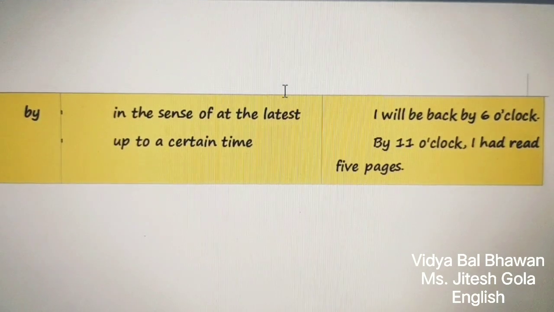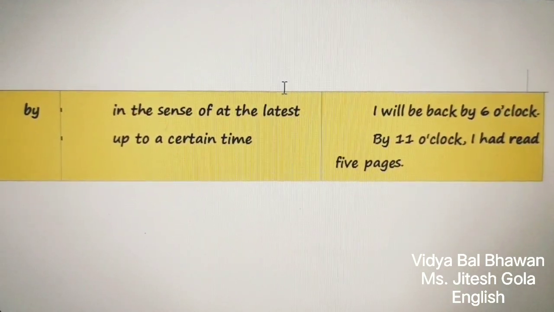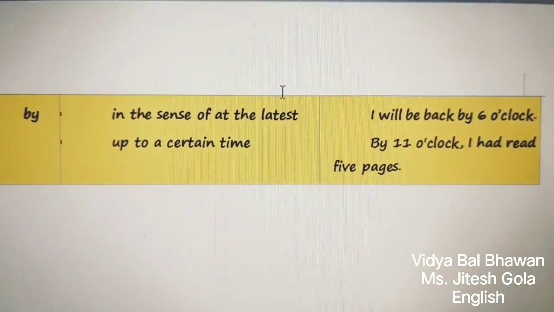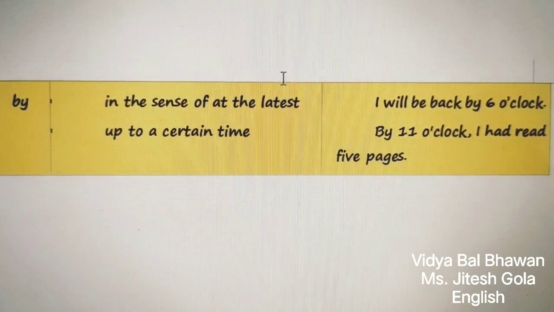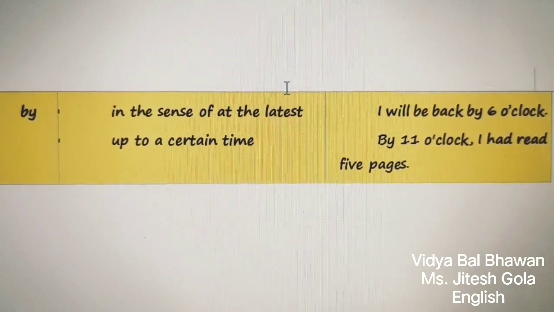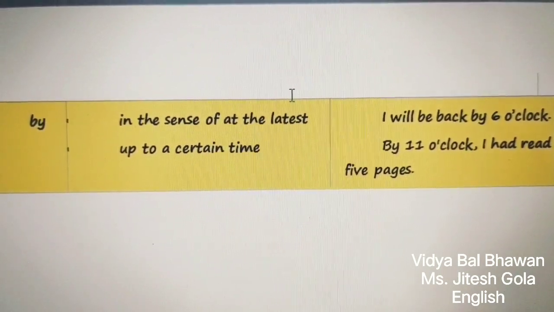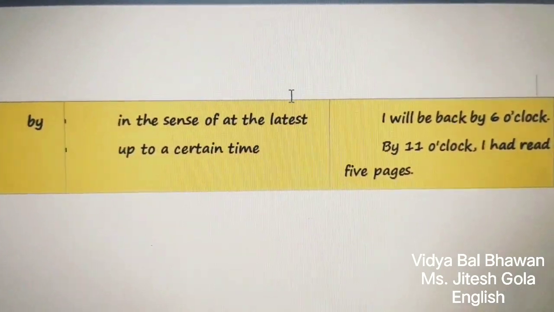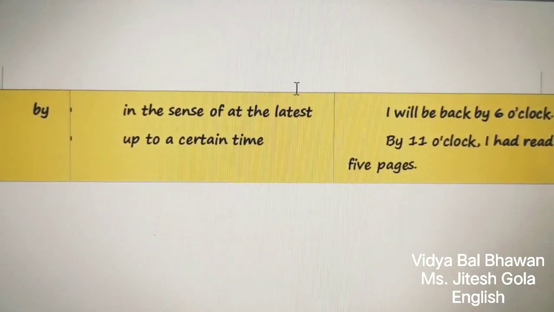For example, I will be back by 6 o'clock, or I will be able to finish this work by today. Or another example you can see, by 11 o'clock I had read 5 pages. Clear? So these were the very basic uses of the different prepositions I have taken here.